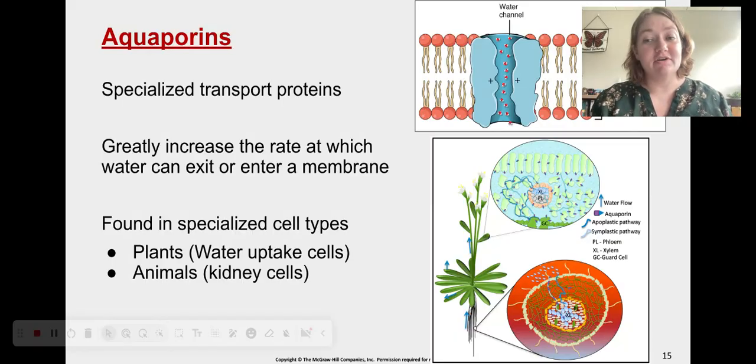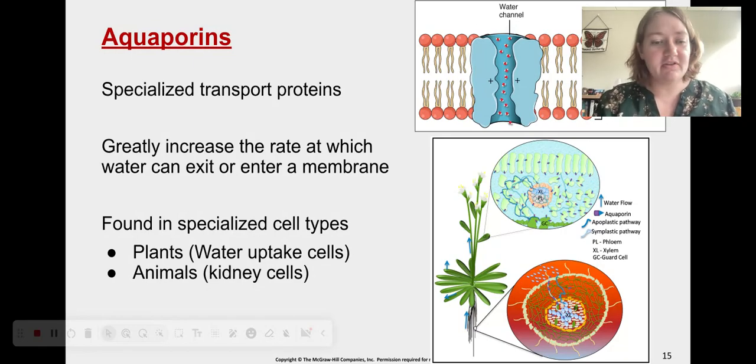So there is a very specific transmembrane protein, and we see that at the top here, called an aquaporin. This aquaporin, right, is a channel protein that allows much larger quantities of water to move across the membrane at a time, right? It speeds up this process. We greatly increase the rate at which water can move across the membrane.